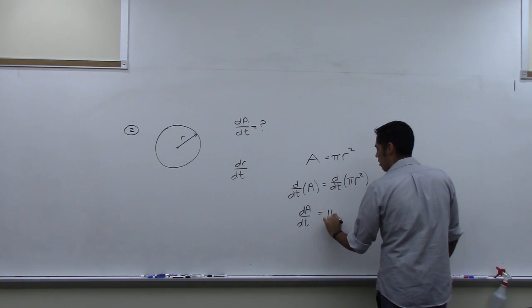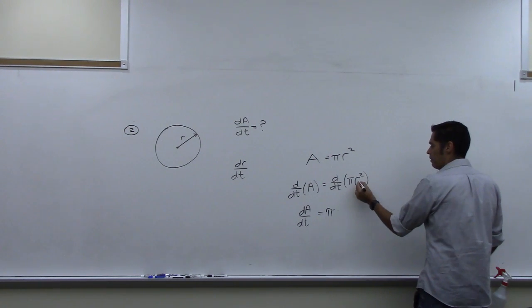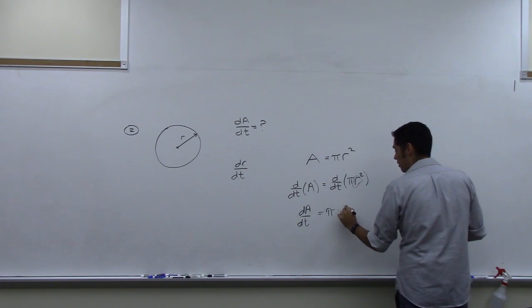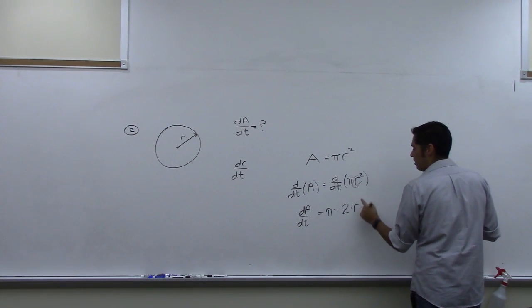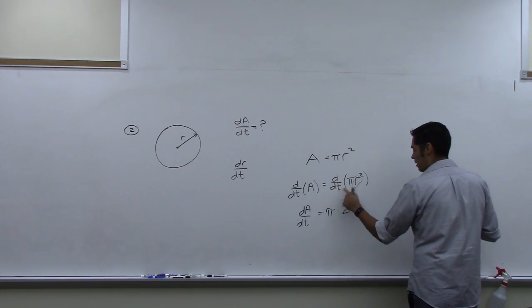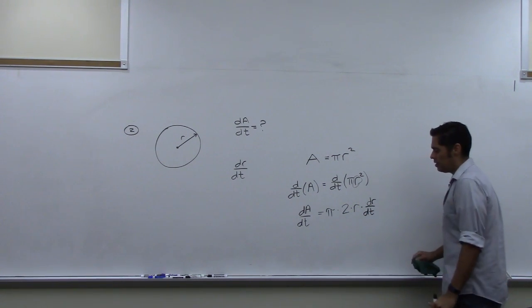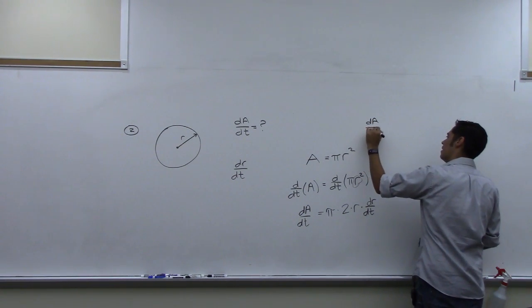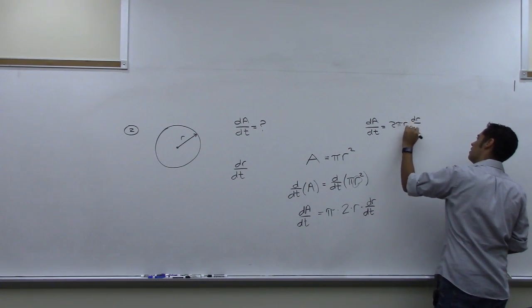The pi is just going to come along for the ride. And then I need to multiply that times the derivative of r squared. Now r is like something squared. So the derivative of something squared is 2 times r to the first power. But then the chain rule says times the derivative of what was down here with respect to time, so dr/dt. And you can see here, I can move the 2 in front of the pi. I get dA/dt equals 2 pi r dr/dt.